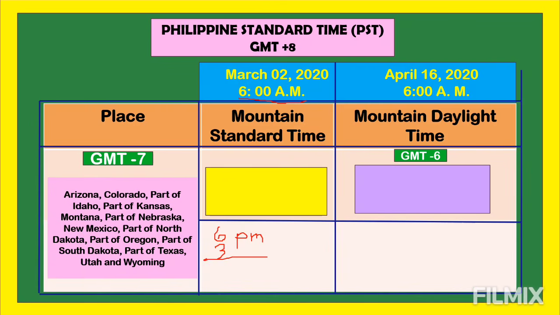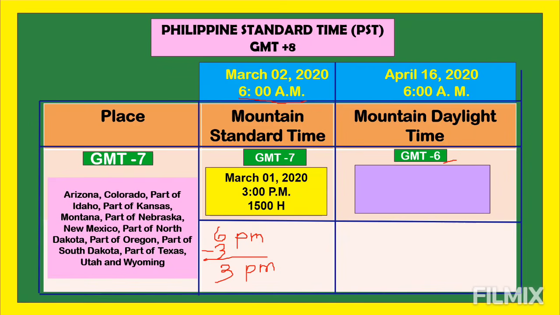Because 15 minus 12 is equal to 3. Okay, 6 minus 3, the answer is equal to 3. Then copy PM. Then our answer is March 1, 2020, 3 p.m. or 1500 hours.